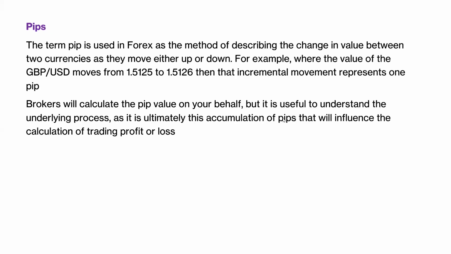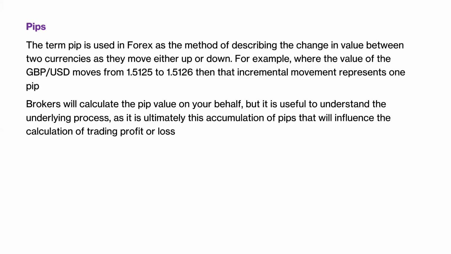So now, this is pips. The term pip is used in Forex as the method of describing the change in value between two currencies as they move either up or down.